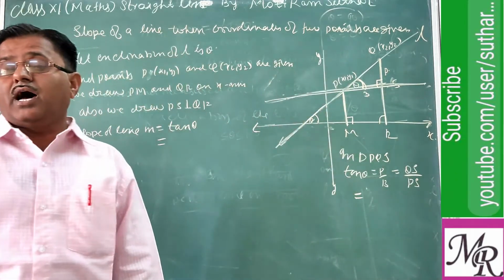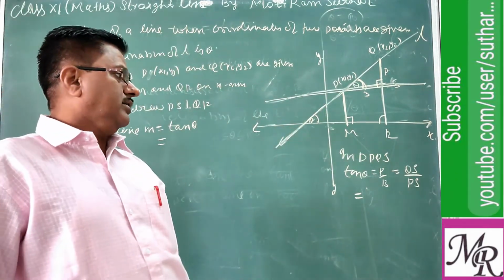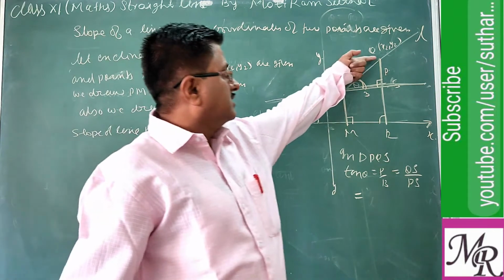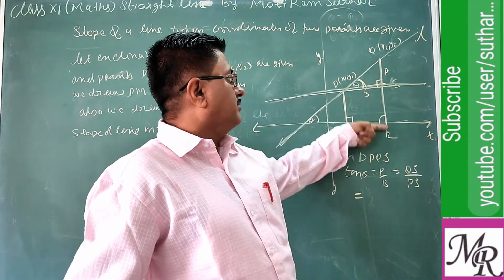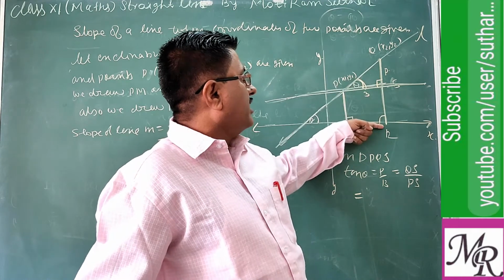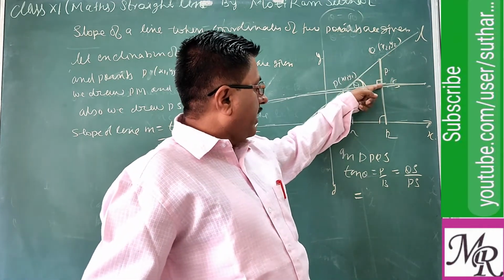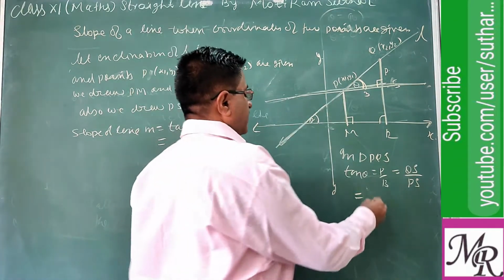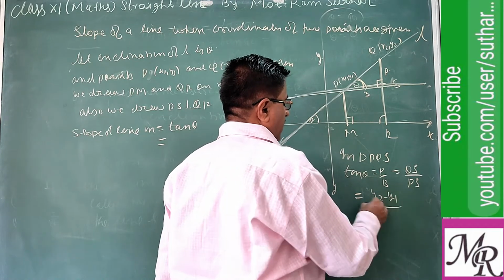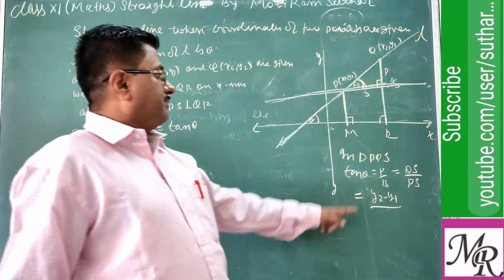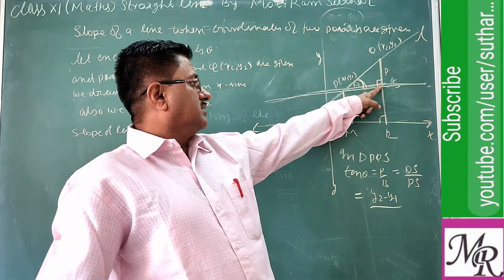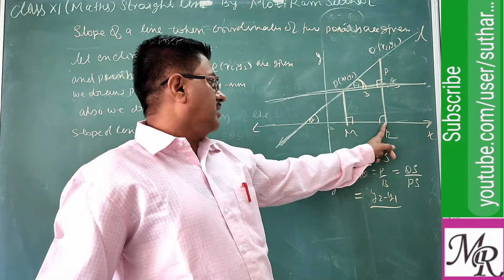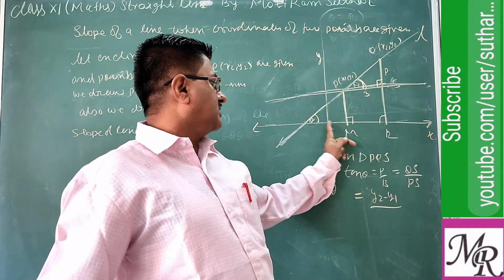As in 10th class, we find the measurement of the side QS, which can be written as QR minus SR. Now QR is y2, SR equals PM equals y1. So QS can be written as y2 minus y1. Similarly, we can write PS, that is equal to MR, and MR can be written as OR minus OM.